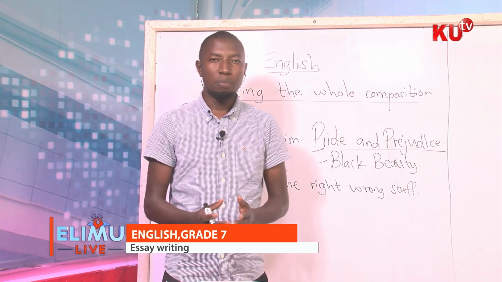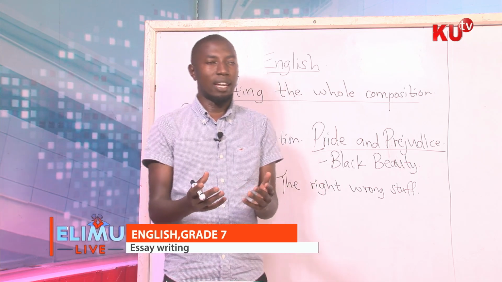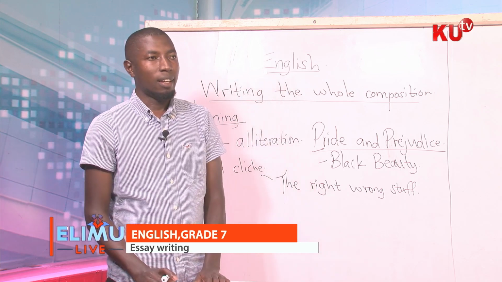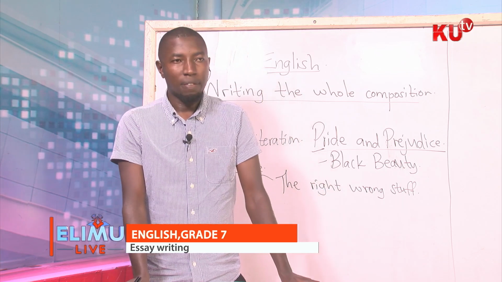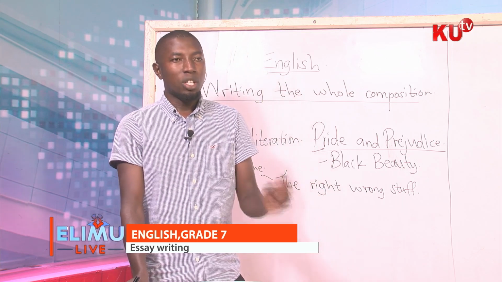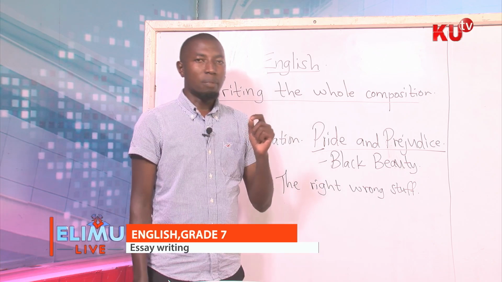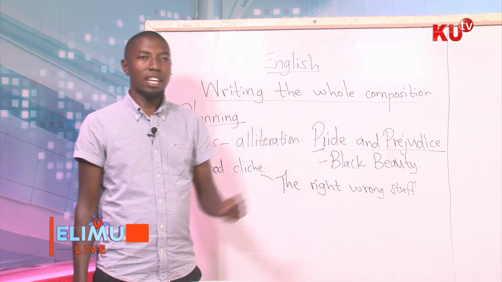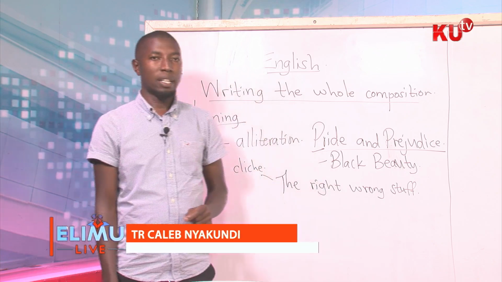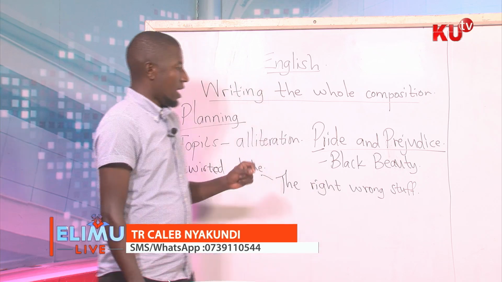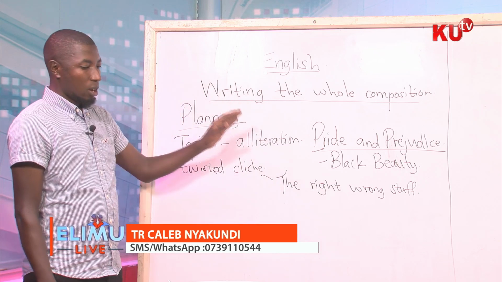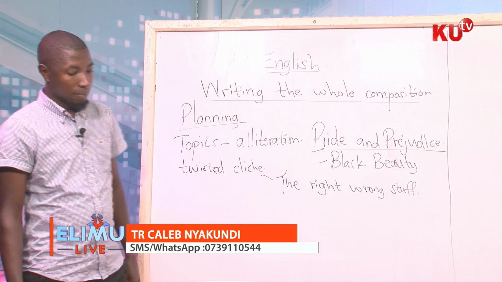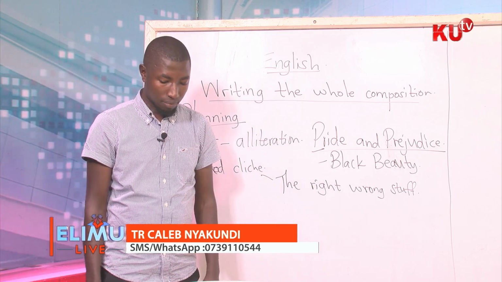When you use a proverb to write an essay title, yes, the proverb may be relevant, but then you need to think of creativity. You can be more creative than that. Everyone else can use a proverb as a title. Now, that is why I'm teaching you different other styles of developing appropriate titles.